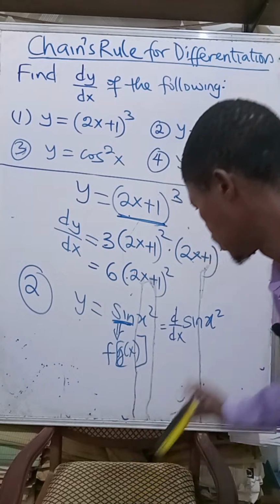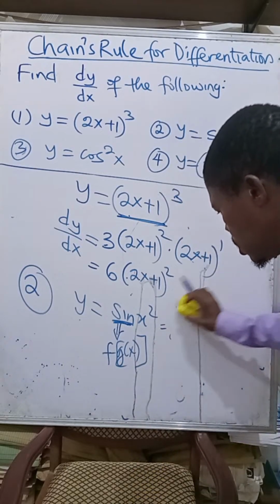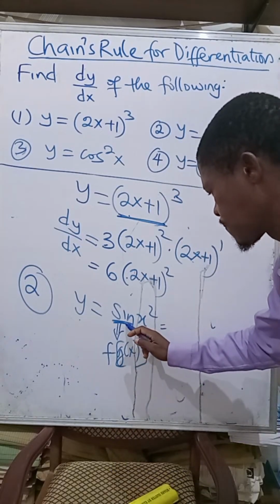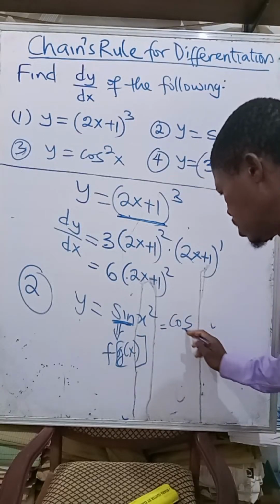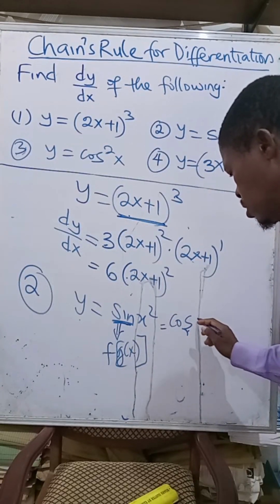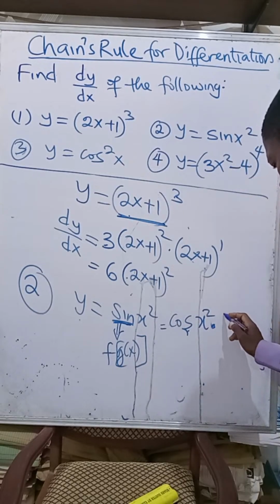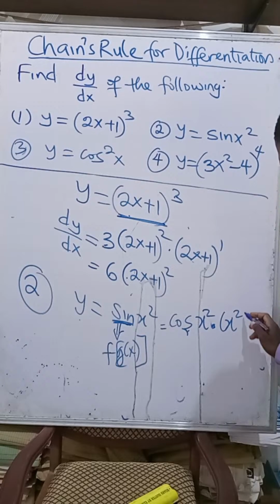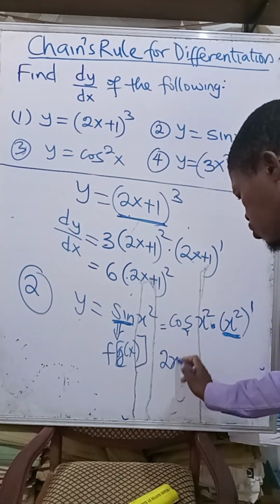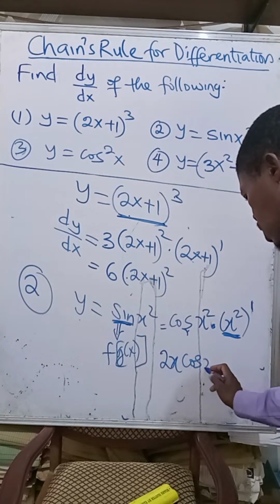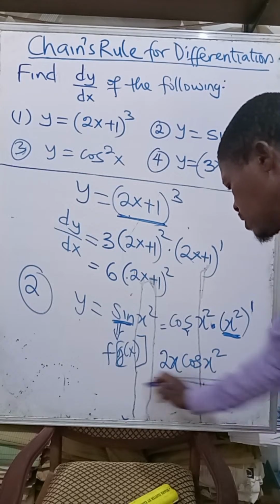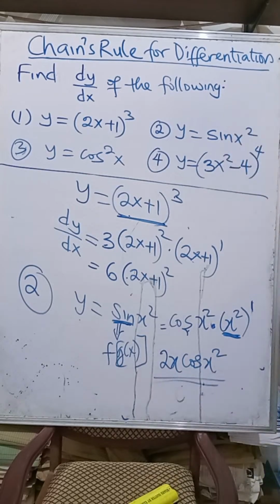The derivative of sine is cos of the function, and then times the derivative of the composite function, and that will be equal to what? If you differentiate this one, that will give you 2x cos x squared. So that's that on that question.